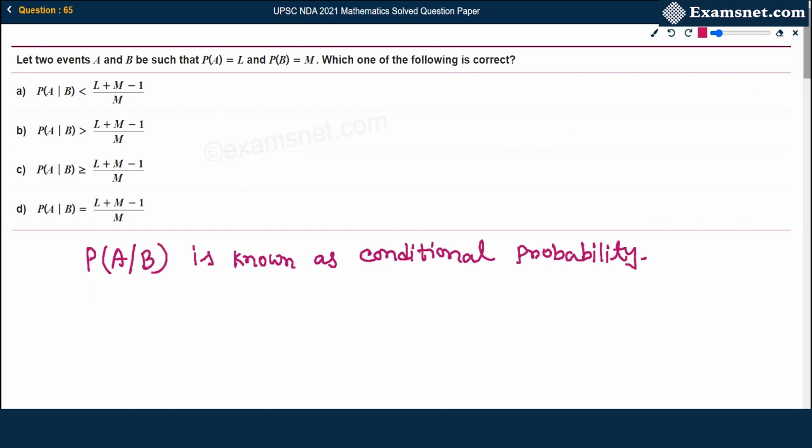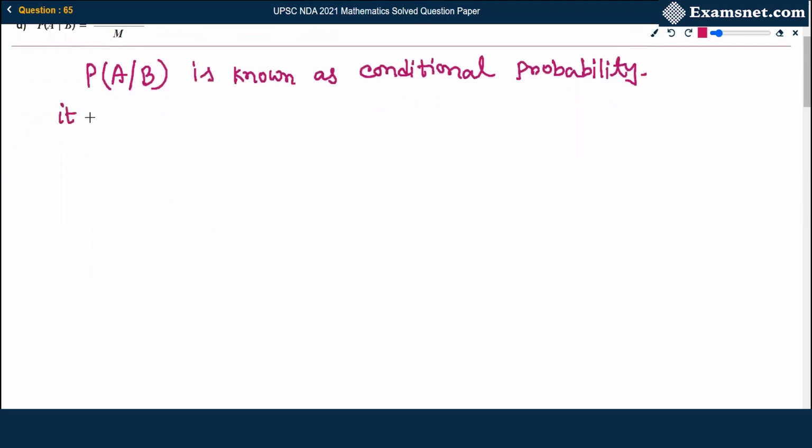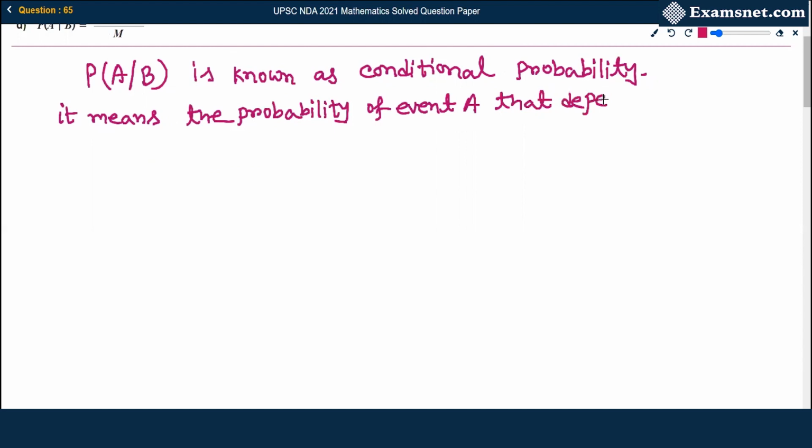So what does it mean? It means the probability of event A that depends on another event B. When event A depends on another event B, then the probability of A given B, which is shown as P(A/B), is known as conditional probability.